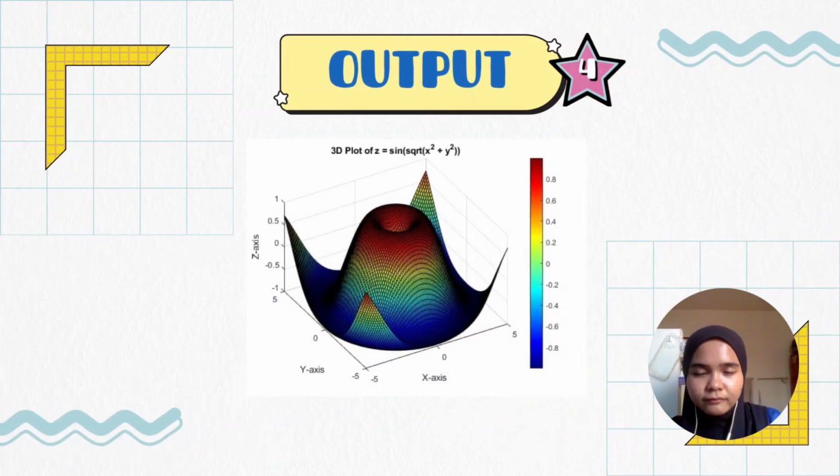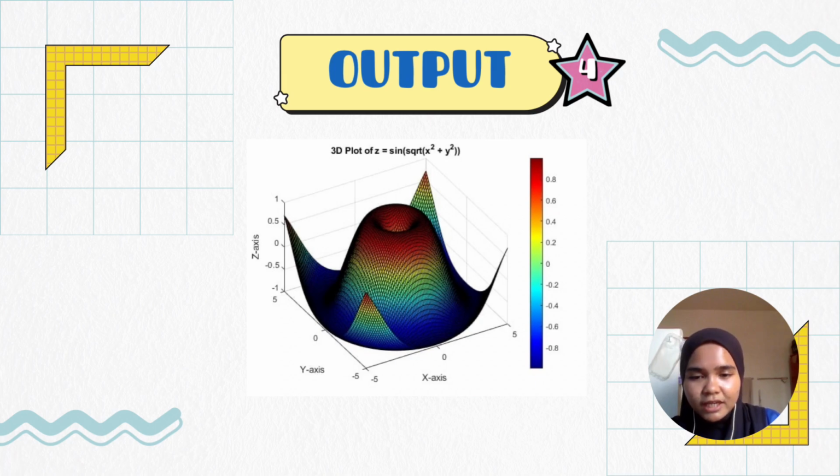So this is my output for question number 4, plotting the 3D graph. At the top we have the title 3D plot of z equals sine square root of x squared plus y squared, and then we have a grid on the graph as we enabled grid for better visualization.